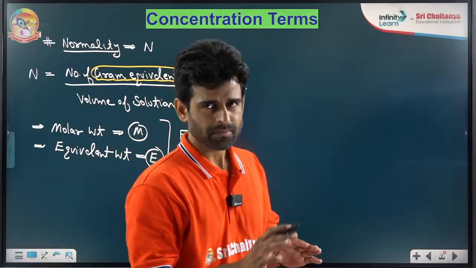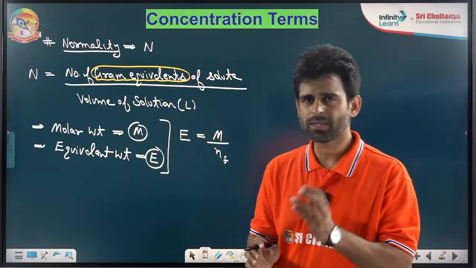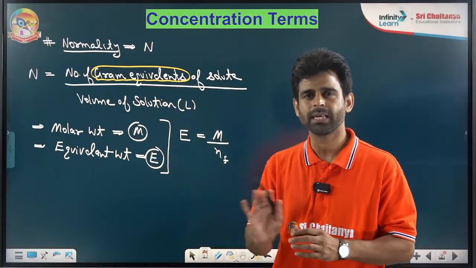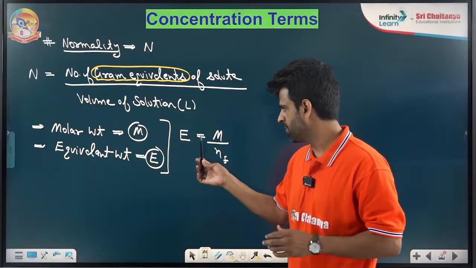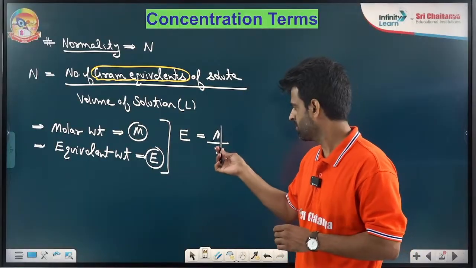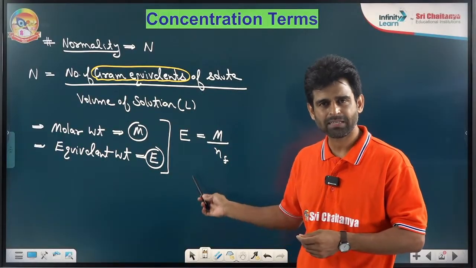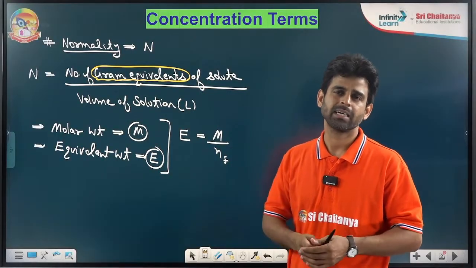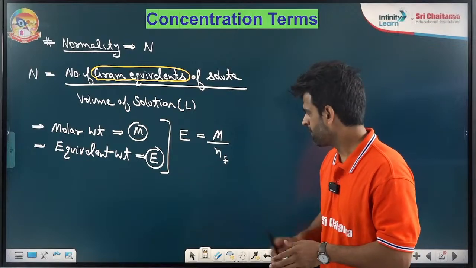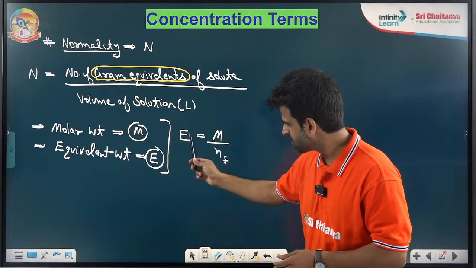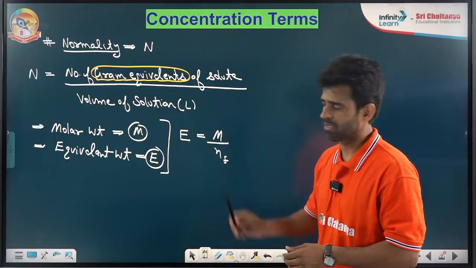For now, I'm telling you in short. I'll come to all these points in detail. If you remember, equivalent weight is molar weight by N factor. What is this N factor? We will do this topic in detail also, don't worry.